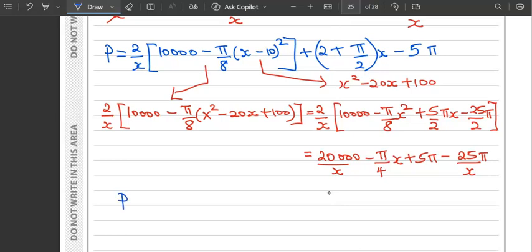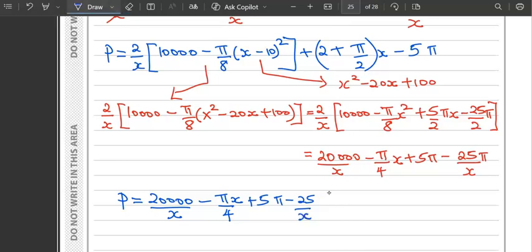P will be equal to 20,000 over x minus pi x over 4 plus 5 pi minus 25 over x pi.